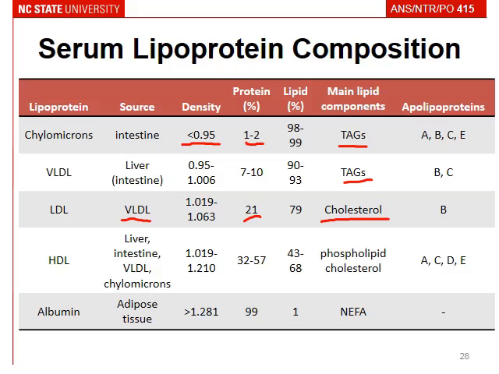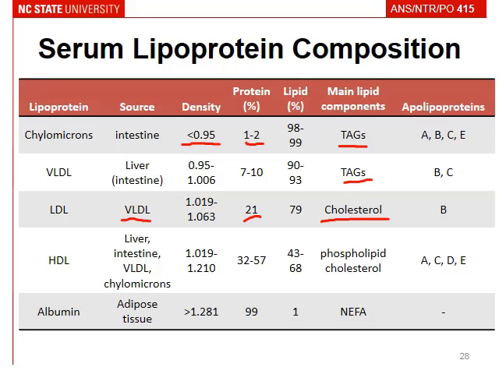And then our next category is our HDL, and this is coming from all of our tissues. All of our tissues are basically synthesizing HDL, and so our main sources are going to be our liver and intestines. They can also be remnants of the VLDL and chylomicrons.